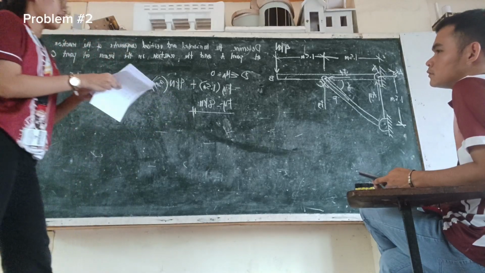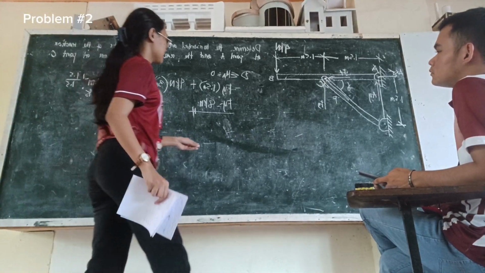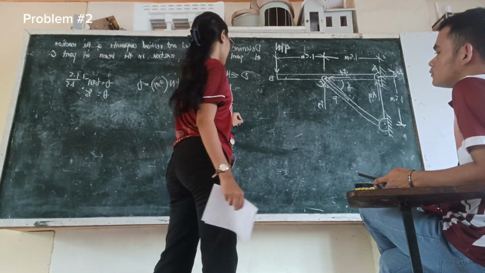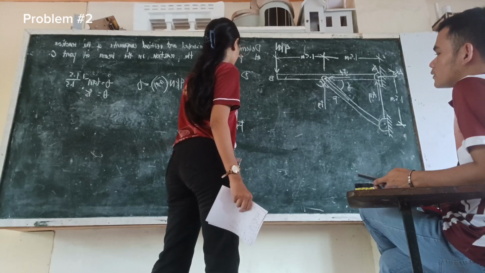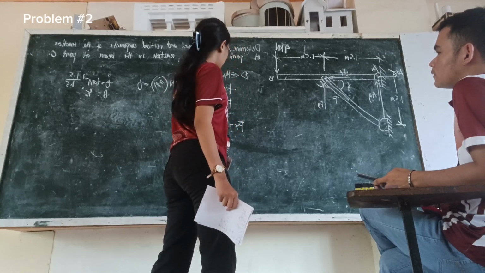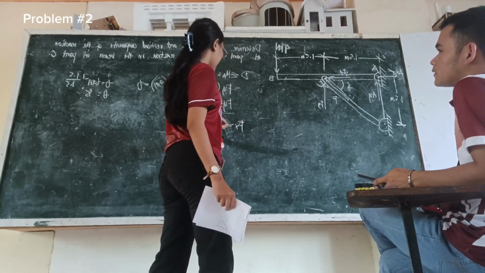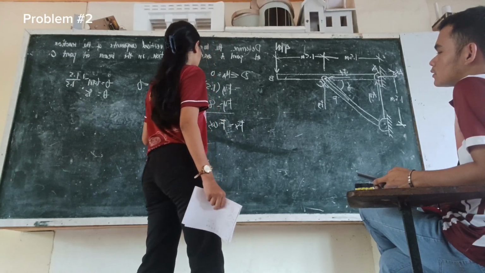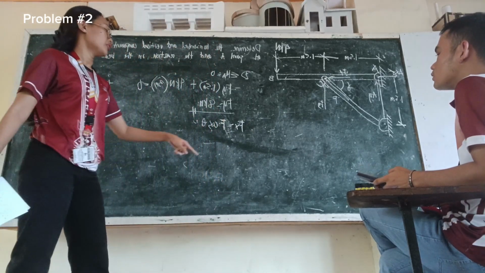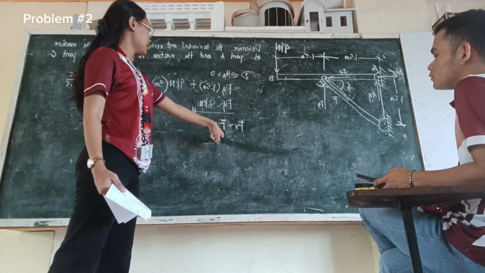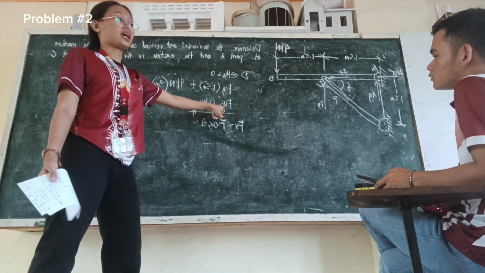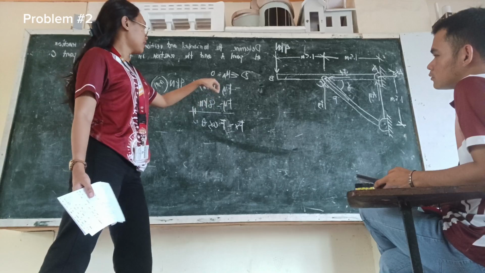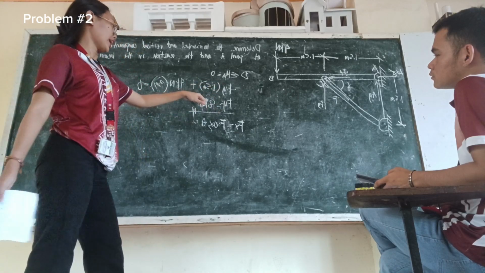To get Fx, we have to use this formula: Fx is equal to F cos theta. Since we don't have the value of F, and since we have the value of Fy, we can substitute the values of Fy and theta.